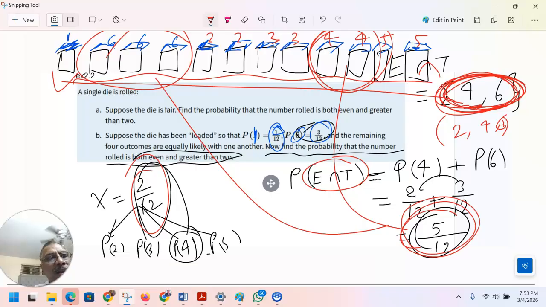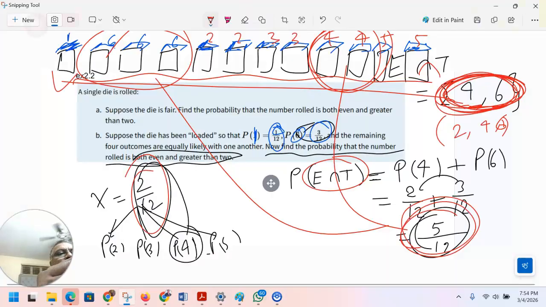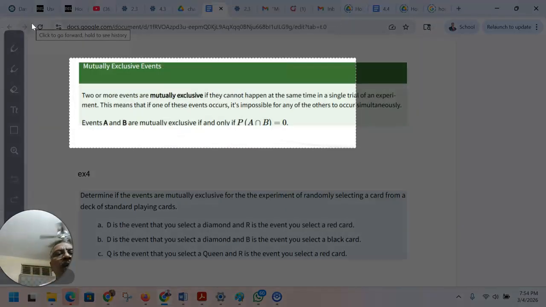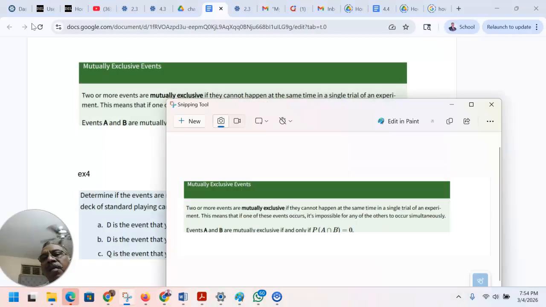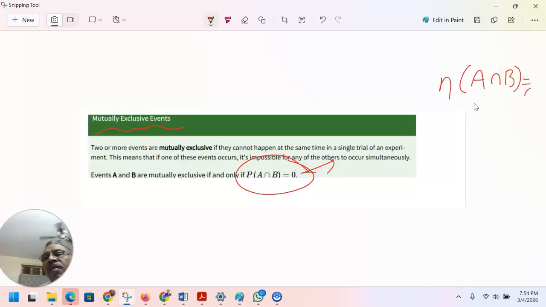Okay, let me go to the next one. I already explained the meaning of mutually exclusive events. So what are mutually exclusive events? If the probability is zero, what does this basically mean? If A and B are two events and you don't see anything there, the number of outcomes for this is zero.